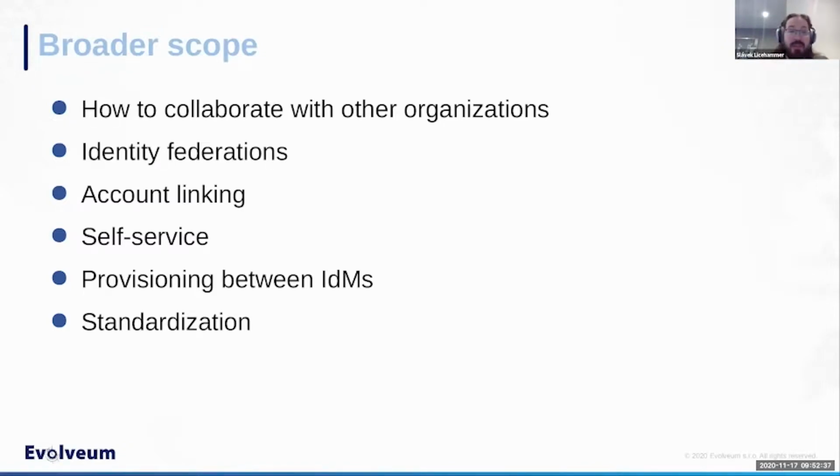And of course, standardization is something that we should pursue, because we don't have many standards, and some of them are good, like SAML and OpenID Connect, but for provisioning, it's still a mess. So any standardization would help us.